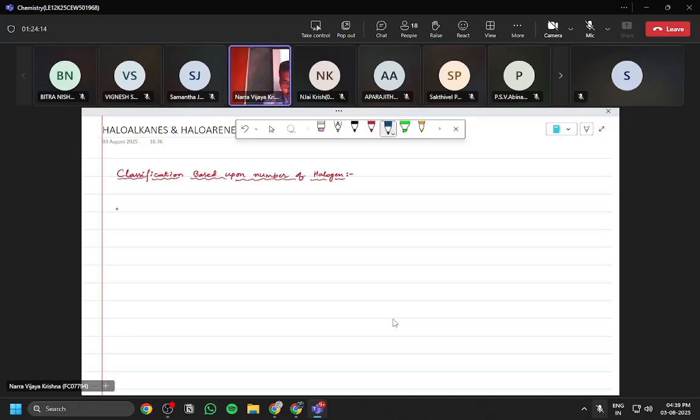First one, monohalo derivatives. Monohalo derivatives means organic compounds having only one halogen. CH3X, is it a monohalo derivative? CH2=CHX, is it a monohalo derivative?